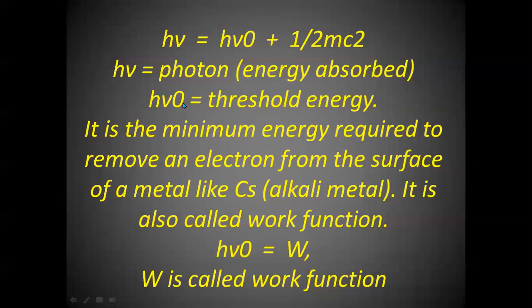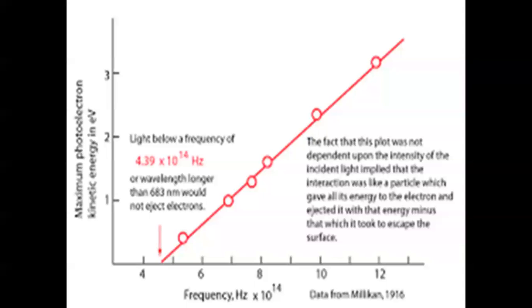What is threshold energy, and by which symbol is it given? h nu 0. h is Planck's constant, 6.6 into 10 to the power minus 34 joules, and the frequency nu 0 is this much. Unless it has this much energy, it will be unable to eject the electron.